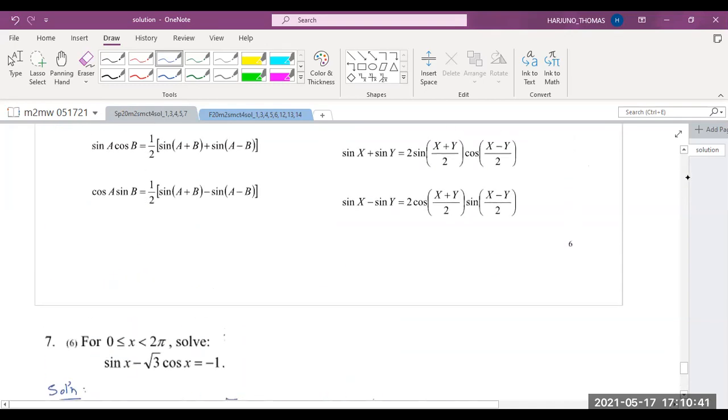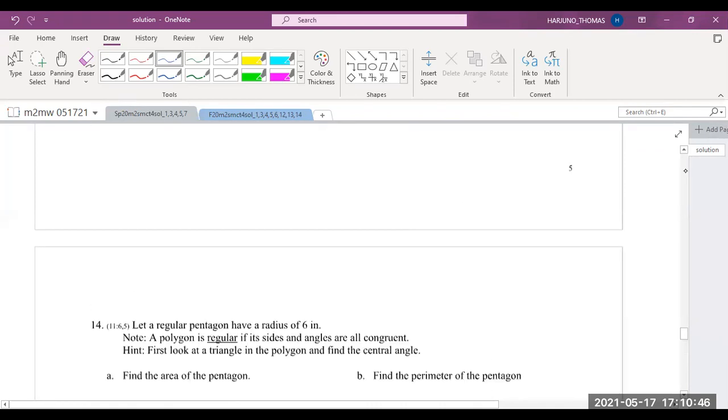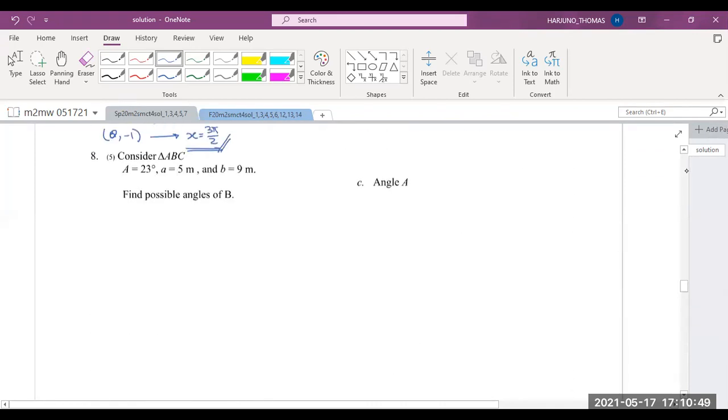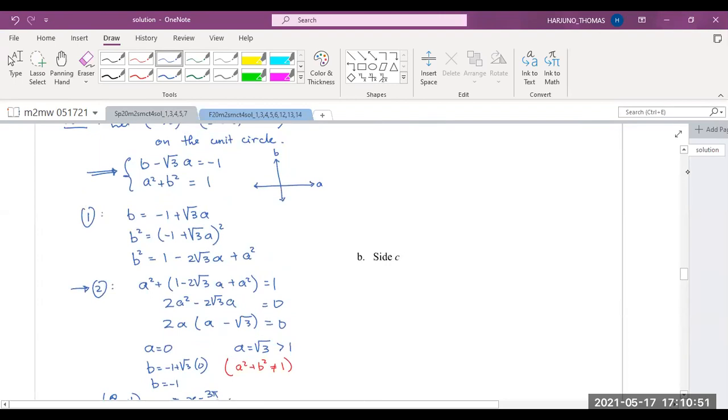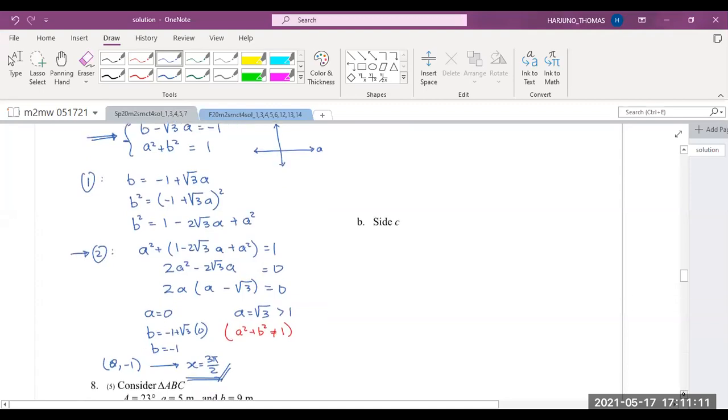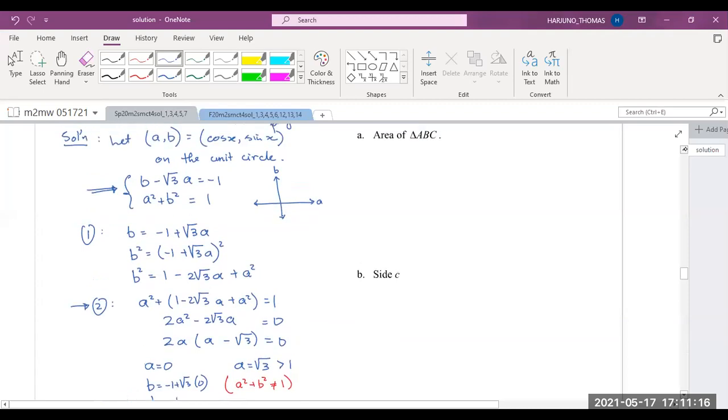Am I missing something up there? Give me a second. Hey, I must have done some miscomputation somewhere here.